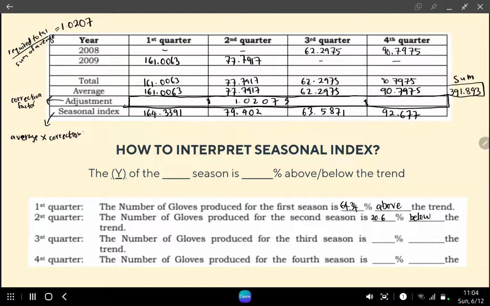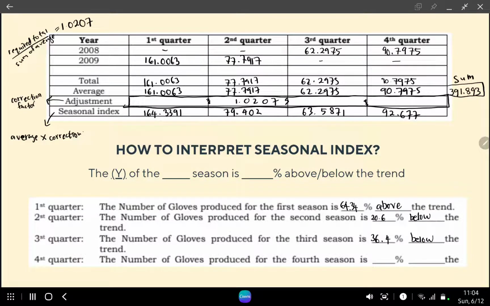And then for the third quarter, 100 subtract 63.5871, so here we have 36.4% below the trend.